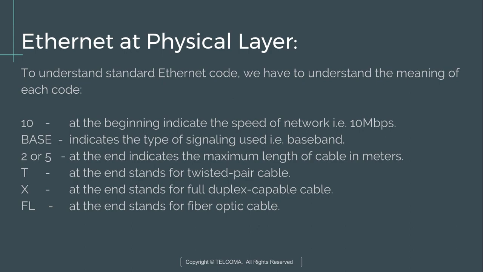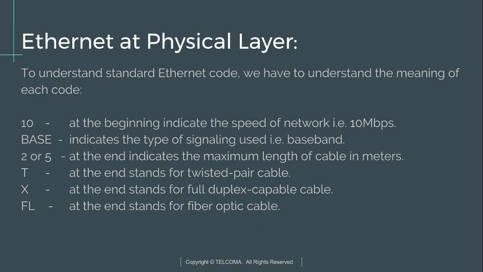To understand standard Ethernet codes, we have to understand the meaning of each code. The 10 at the beginning indicates the speed of the network, that is 10 Mbps, 100 indicates that the speed is 100 Mbps, and 1000 indicates a speed of 1 Gbps. Then comes base. The base indicates the type of signaling used, that is, it uses the baseband signal to transmit the data.